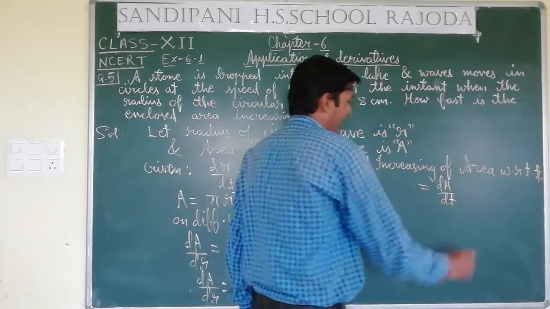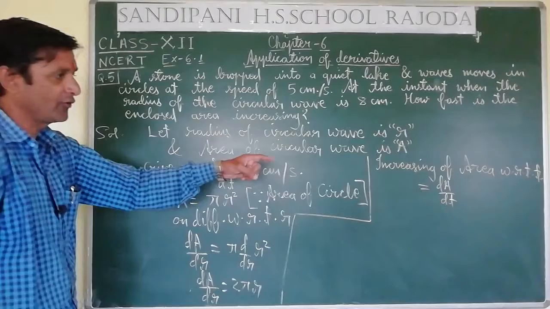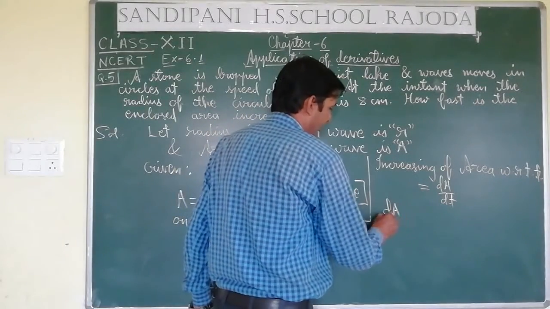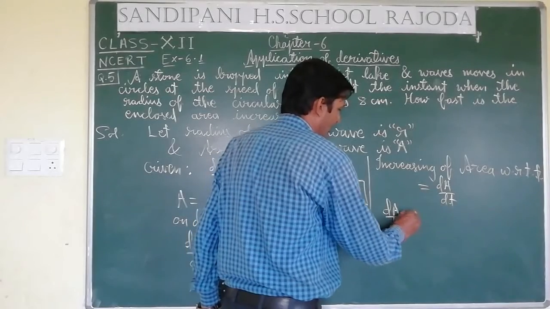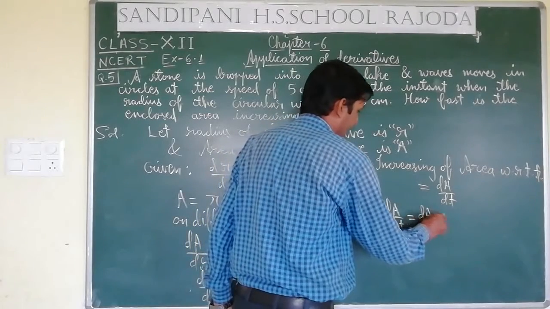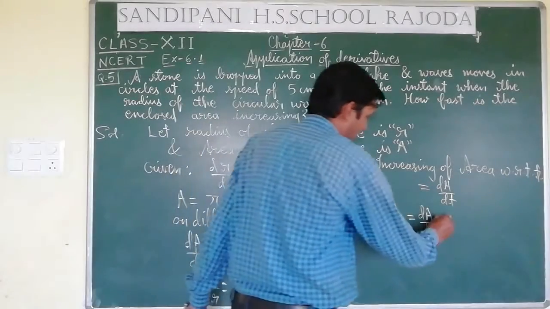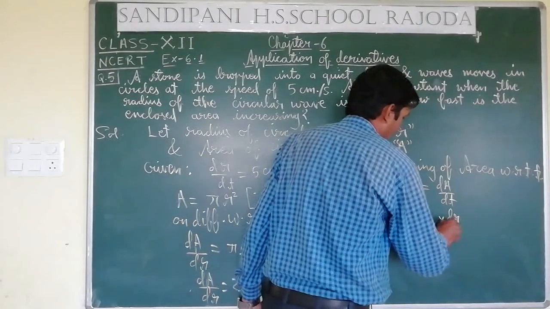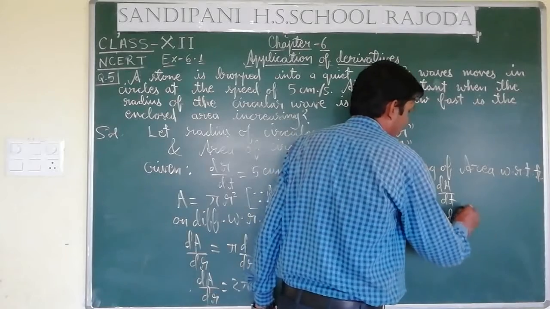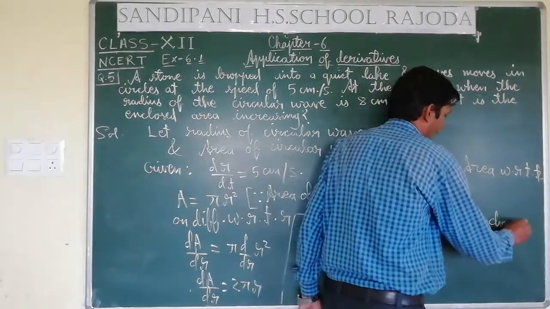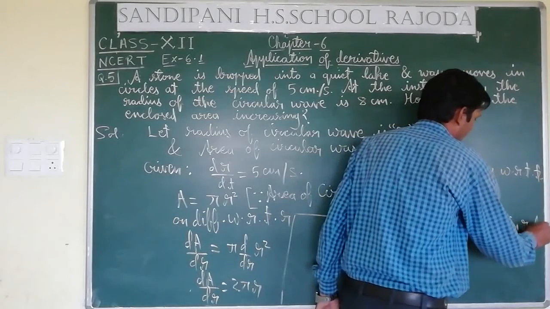This is considered as dA by dt, means what we have to find is dA by dt. So dA by dt is equal to dA by dr into dr by dt. You may write here, by chain rule. So by chain rule we can do this.